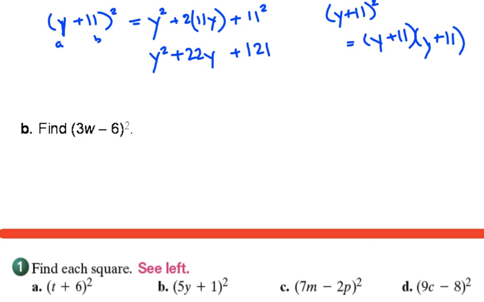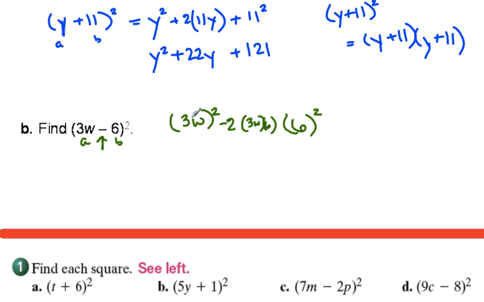All right, this is our A, this is our B, and you'll notice this one is a subtraction. So that's going to be 3w squared, the first term squared, the last term squared, and it doesn't matter if it's positive or negative because when we square it, it becomes positive. Multiply these two together, 3w times 6, and then since that's minus, we'd have minus 2.